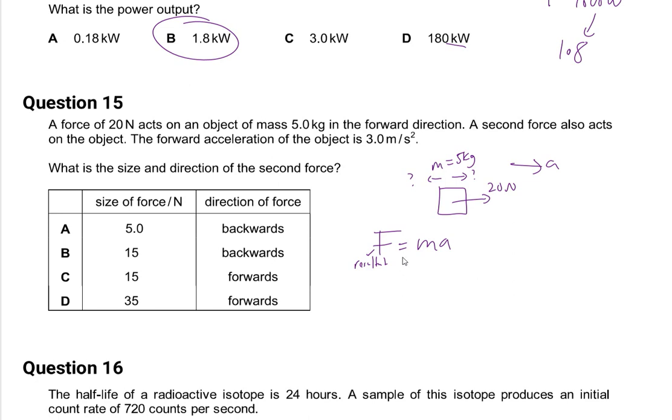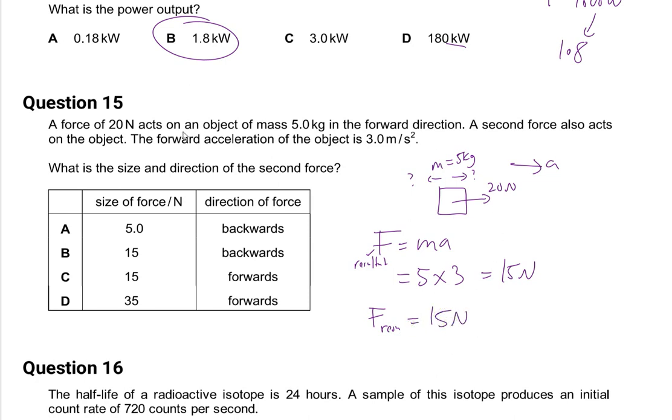No, actually, let's work out the resultant force first. The mass is 5 times acceleration, which is 3. This is 15. So the resultant force is 15.